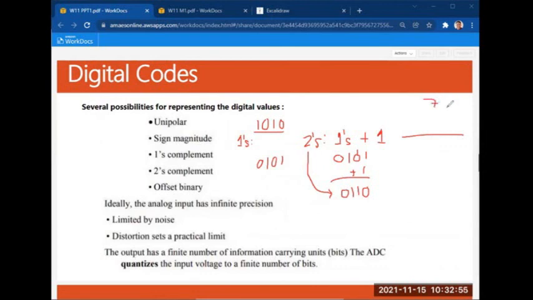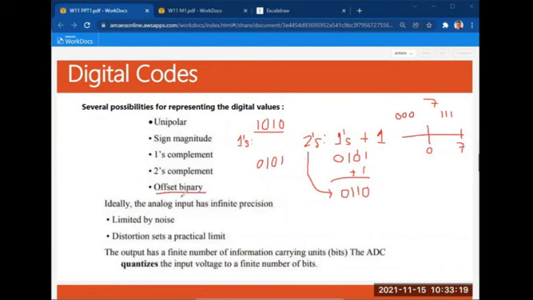When we convert 7 to binary, that will be 1, 1, 1, right? And that is the maximum value. The minimum value will be 0, 0, 0. So if we plot it on a straight line, this will be the 0, which is the 0, 0, 0. This will be the 1, 1, 1, which is the 7.